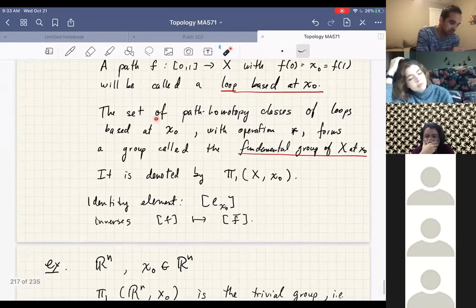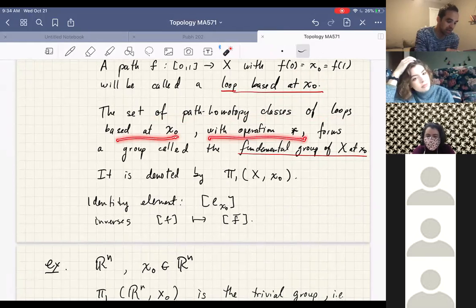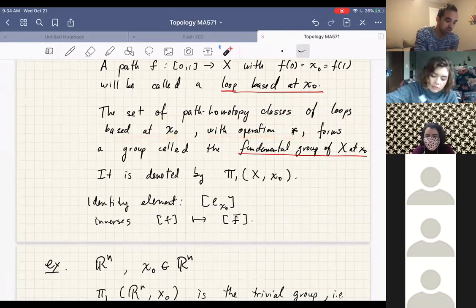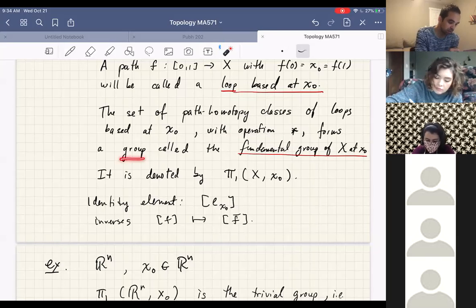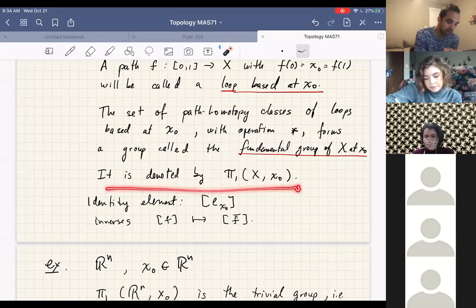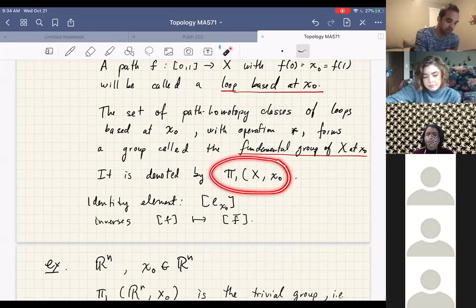The set of path homotopy classes of loops based at x0, with the operation given by concatenating loops, or more precisely by multiplying homotopy classes of loops, forms a group called the fundamental group of X at x0, denoted by pi1 of X, comma, x0.